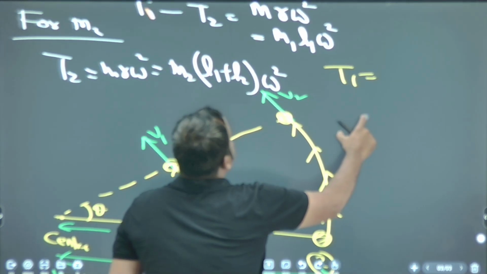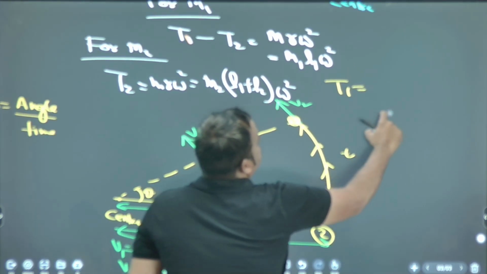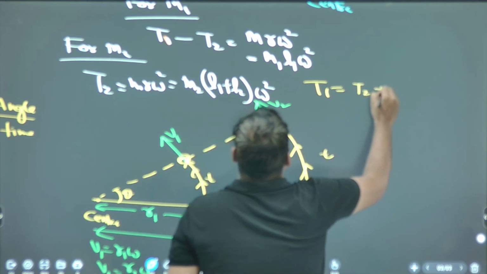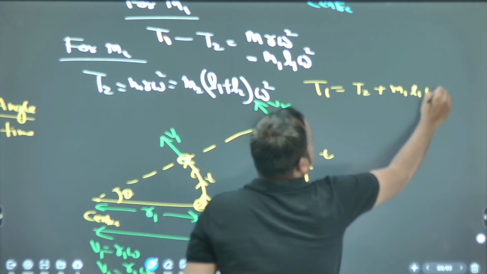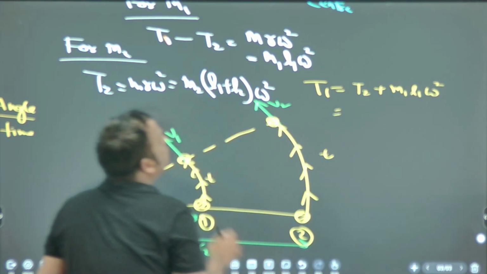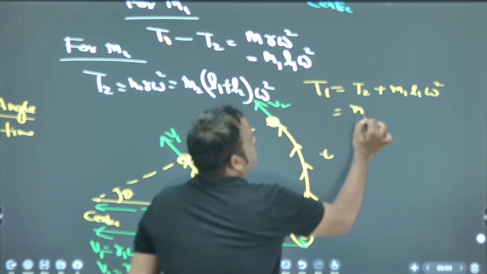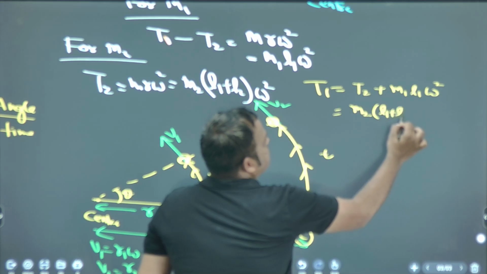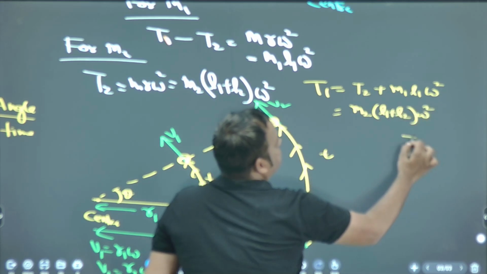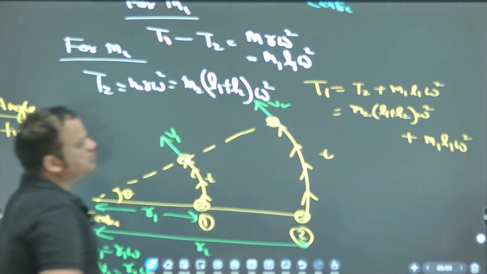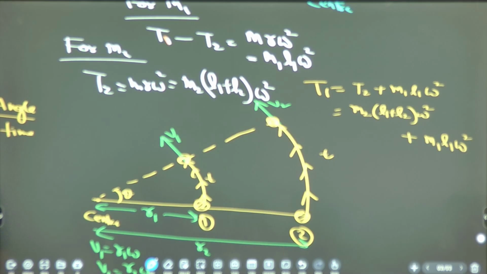Note down: T1 is equal to T2 plus M1 L1 omega square, and T2 is this. So T1 is M2 (L1 plus L2) omega square plus M1 L1 omega square. Okay, so this is T1.